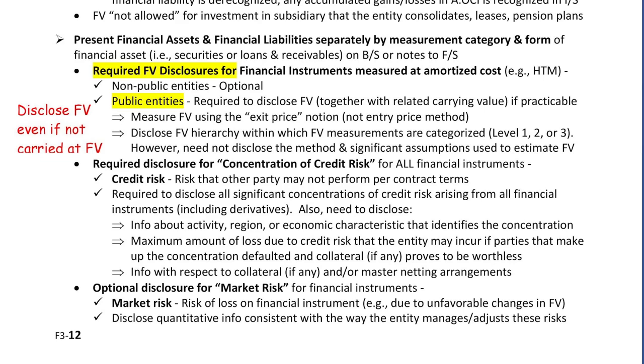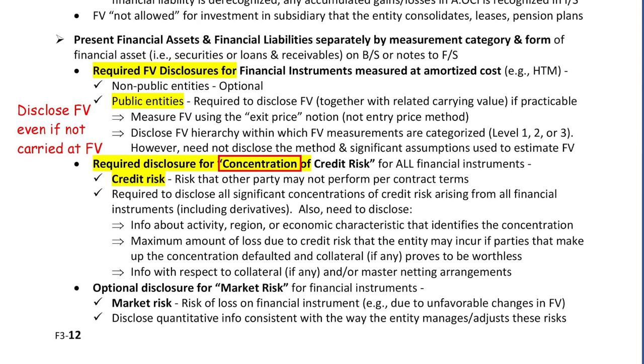The next sub-bullet, highlight required disclosure for concentration of, on the next line, highlight credit risk and put a box around concentration. So credit risk is the risk that the other party may not perform as per the contract terms.